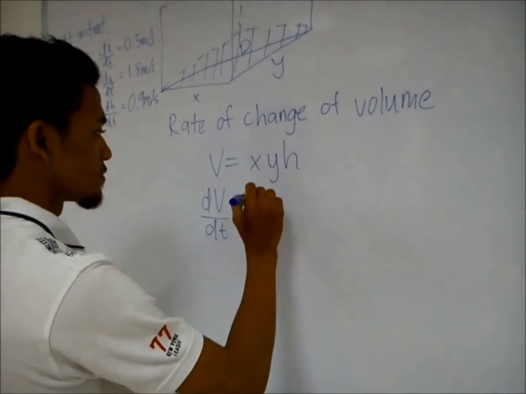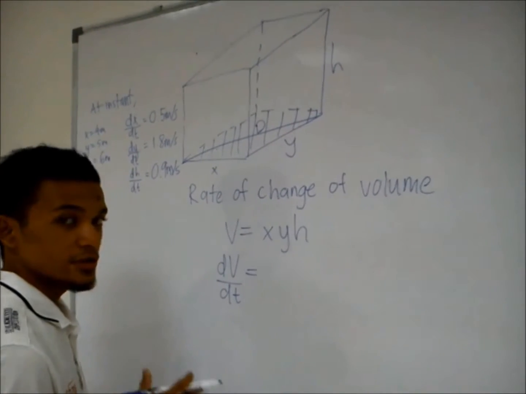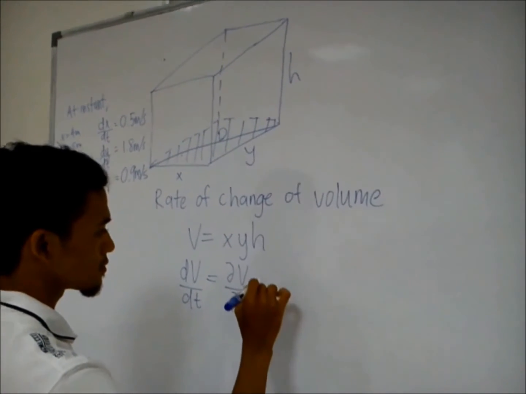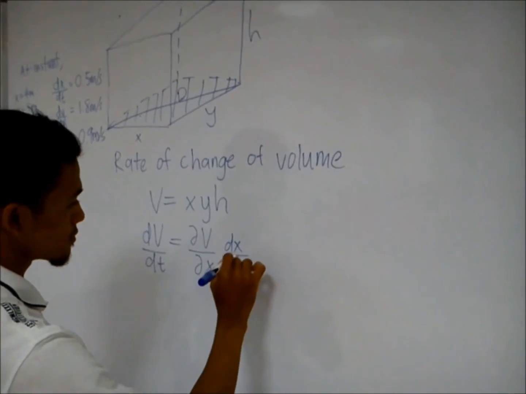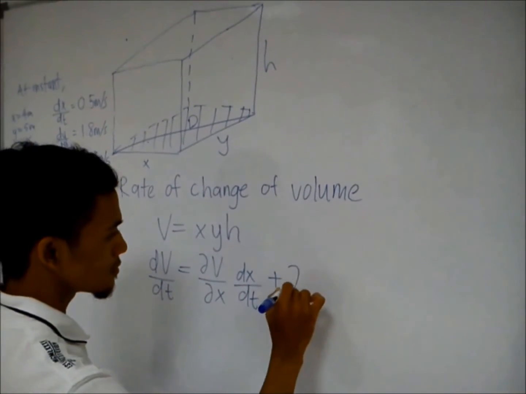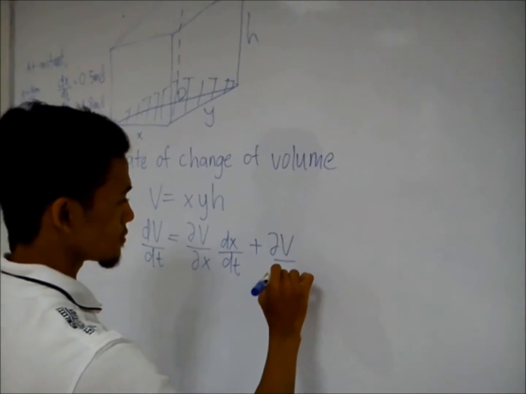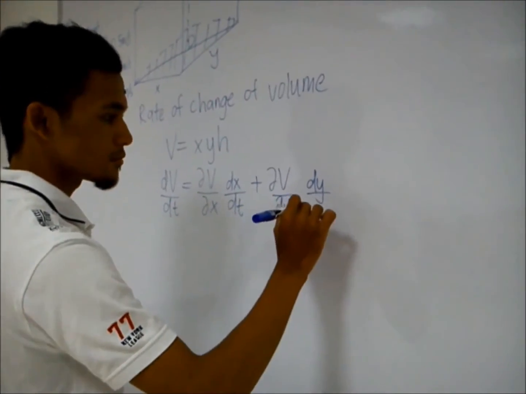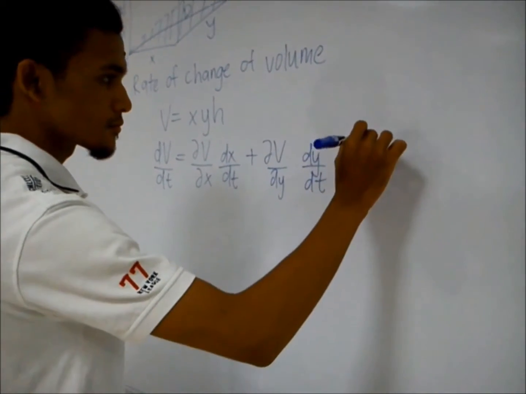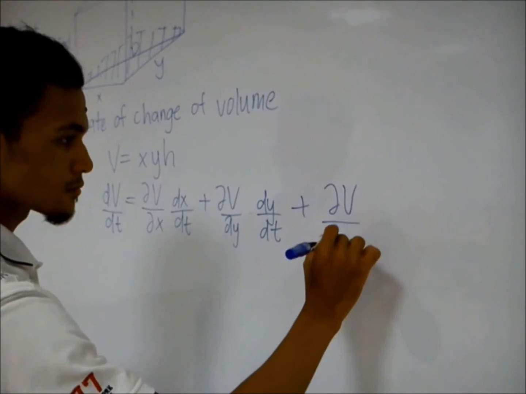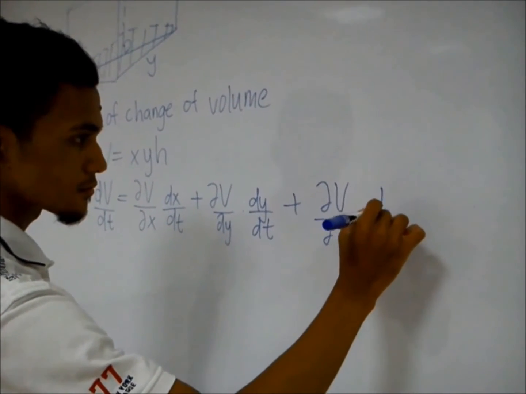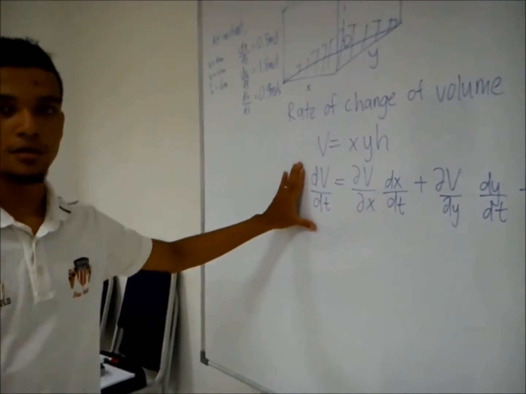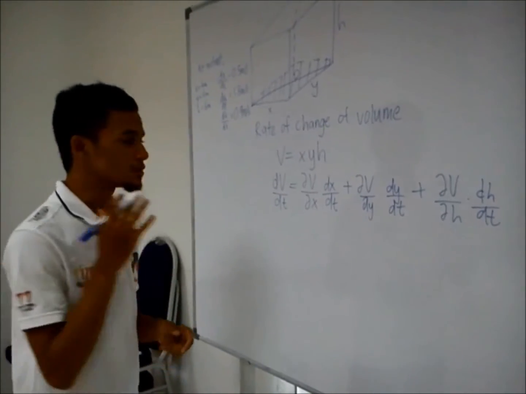So as usual, we need to do partial differential equation. This is the equation of the rate of change of the volume.